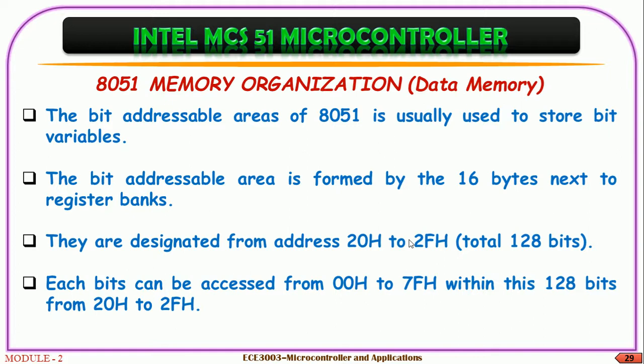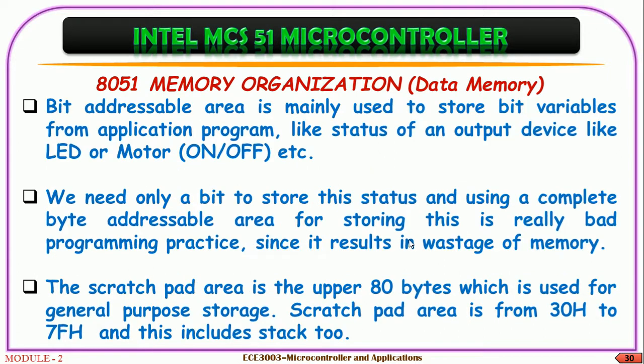The bit addressable area is mainly used to store bit variables from the application program, like the status of an output device such as an LED or motor. We need only a bit to store this status, and using a complete byte addressable area for storing this is really bad programming practice since it results in wastage of memory.